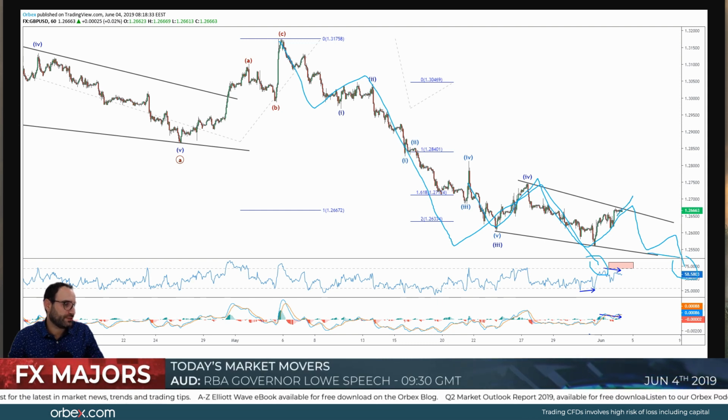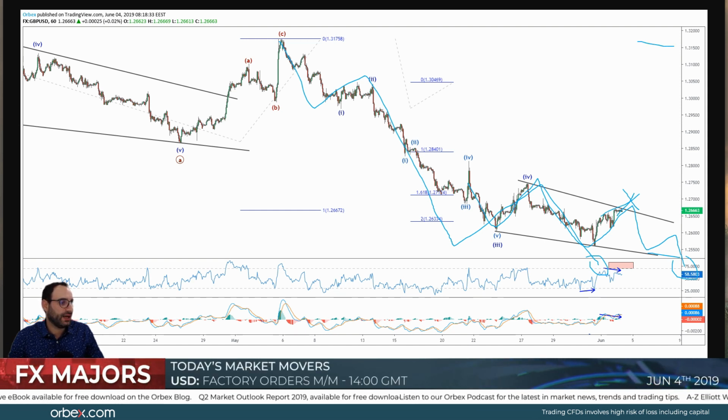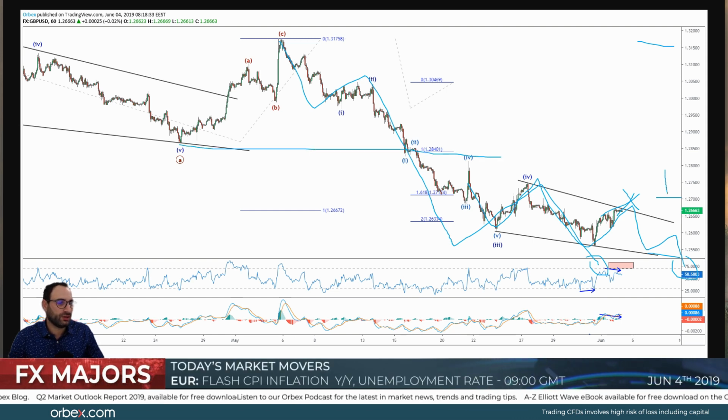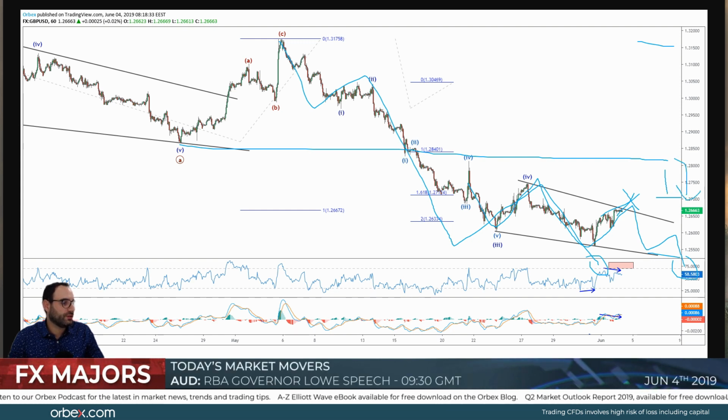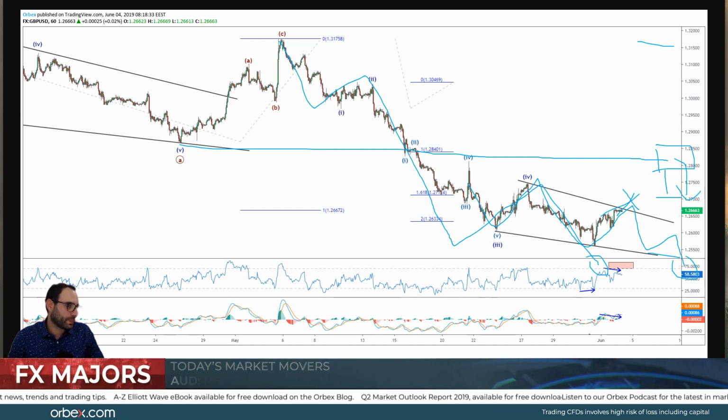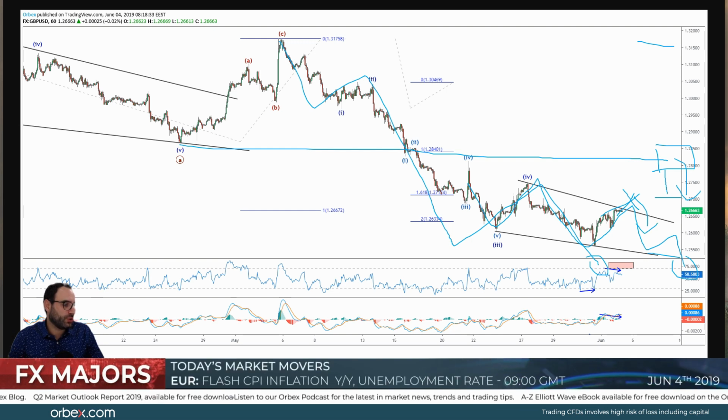Of course, if we move above that level, that would invalidate this scenario, and we could be looking at moving even above the 127 level, probably going around 128.500, and then start looking for further closes over here. But in the short term, if the 127 holds firm and prices get there, then I am more bearish on that scenario.